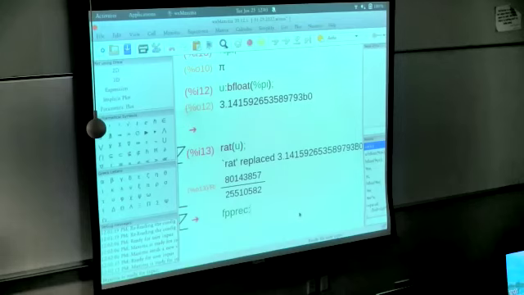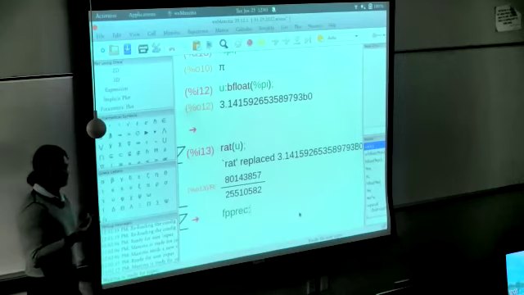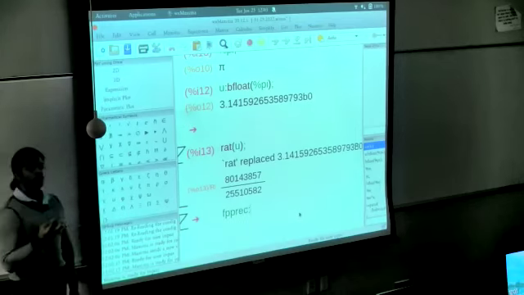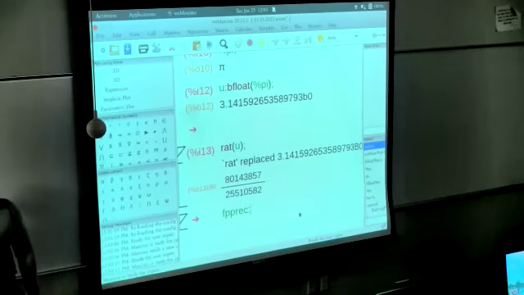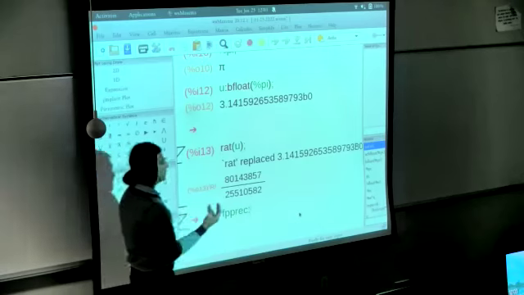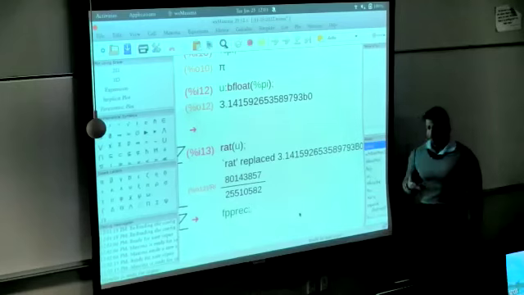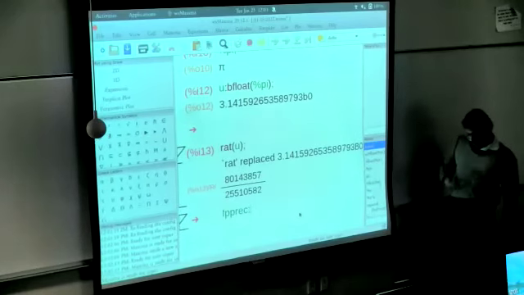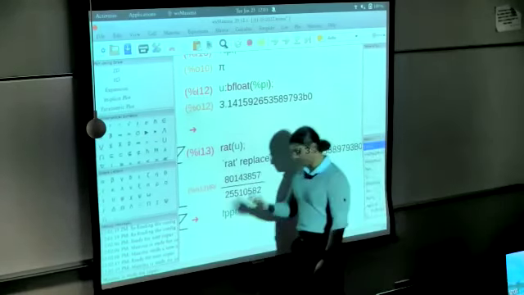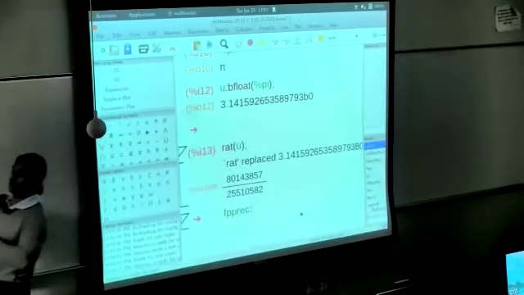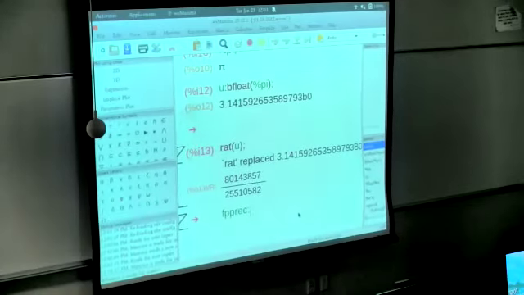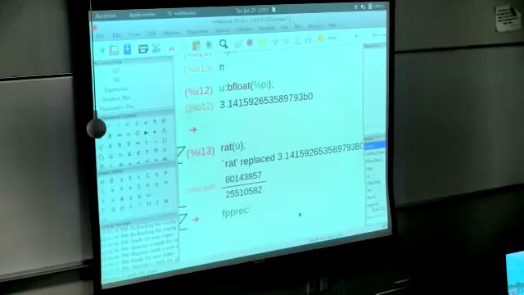It is fpprec. FP stands for floating point. Prec stands for precision. Every machine that you have has something called a machine precision. You cannot go below the value that the machine has, and you cannot go above a certain value that the machine has.